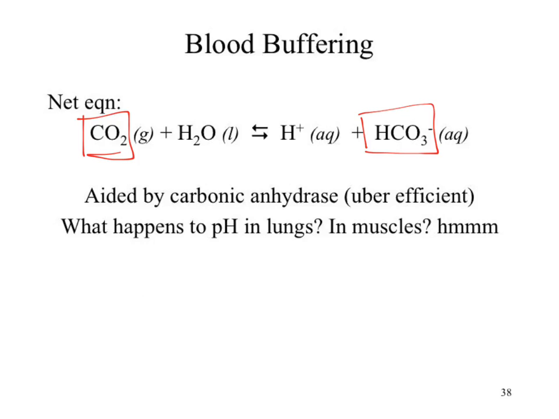So as an interesting thought, what might we predict for the pH in our lungs or in our muscles? And realize there's a catch here, because this may be counter to what you already know. If we're in an extremely acidic environment, what do we want to have happen? That means there's an excess of H+.